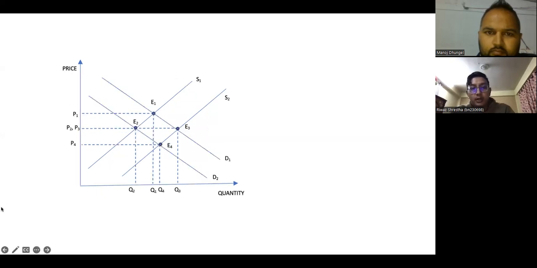Combining both of these laws, the equilibrium when there was no change at all was at E1. And when both the demand and supply sides change, we can see the new equilibrium at E4.